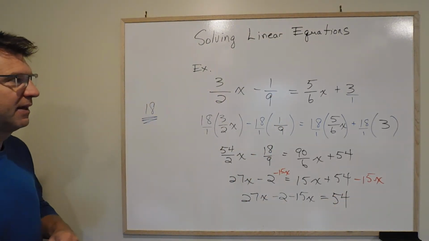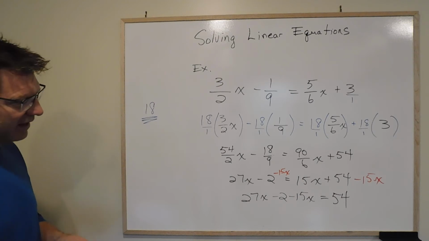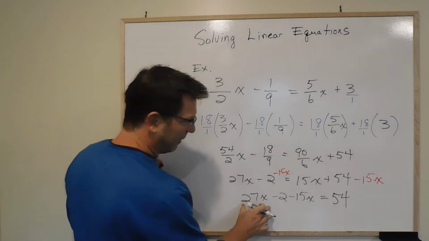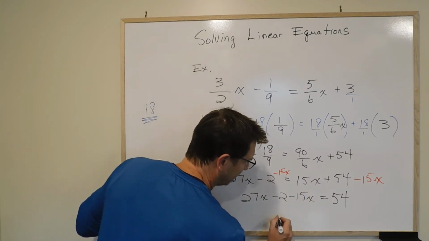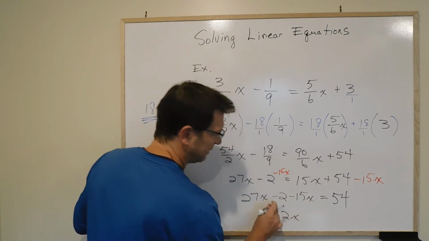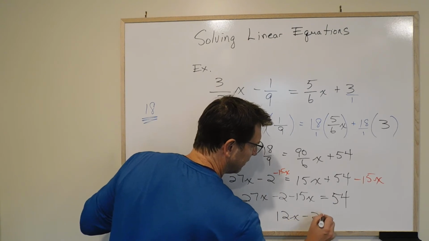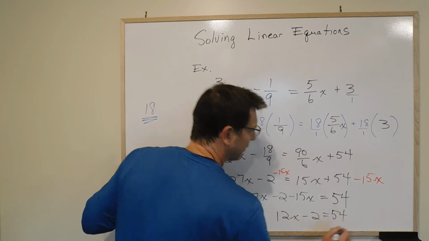Now if I simplify that, on this side I have 27x minus 15x, and that is 12x. I still have the minus 2 equals 54.